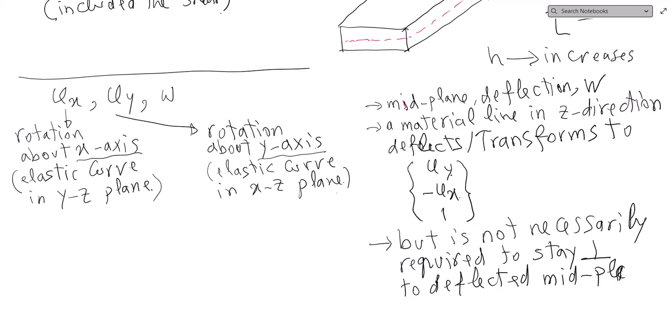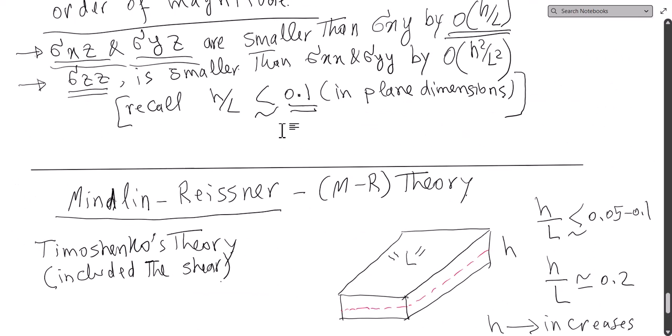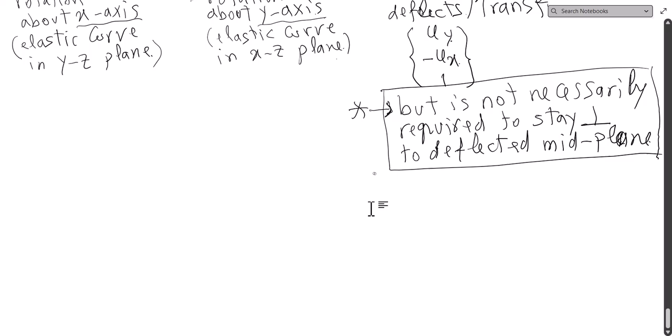This simple assumption, or shall we say relaxation of the perpendicularity assumption, is very critical in kinematics of the plate, as we will see. Sometimes I refer to Mindlin as the first contributor, or sometimes MR, as I mentioned here. So in Mindlin, which is the same plate as Timoshenko but obviously thicker, we relax the requirement.